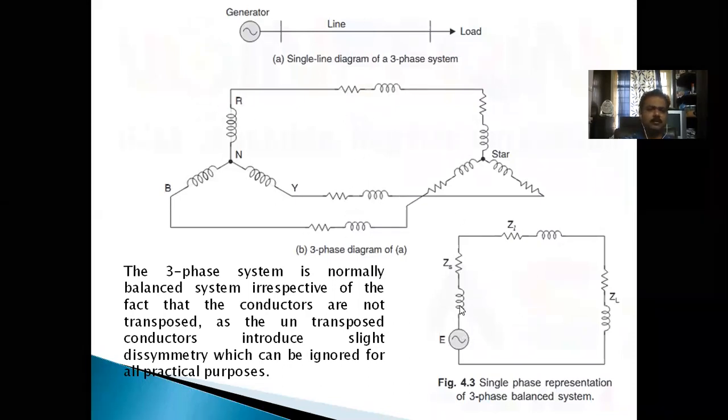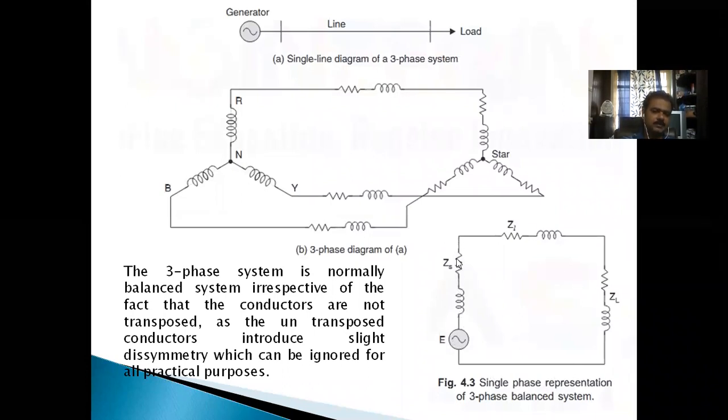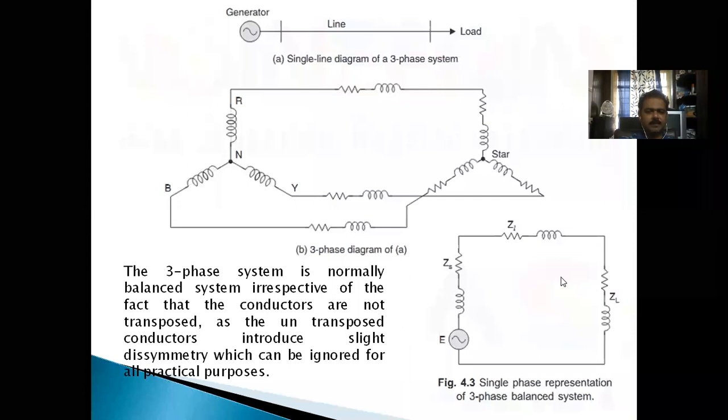This is a single phase representation of a three phase balanced system. Instead of writing three phases, we have simply represented a single phase. Instead of three transmission lines, we have used only one. Instead of three phase loads, we have connected only one phase, a single phase representation of a three phase load. This is a three phase system, but to reduce the complexity we have reduced the number of phases.